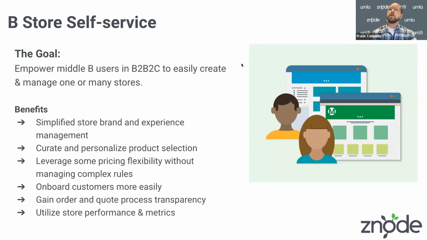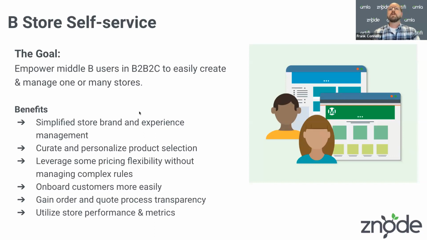The middle B can easily create or manage stores on behalf, so the manufacturer doesn't have to bear the cost and the time to manage all the stores and create all the stores on behalf of their customers, right?